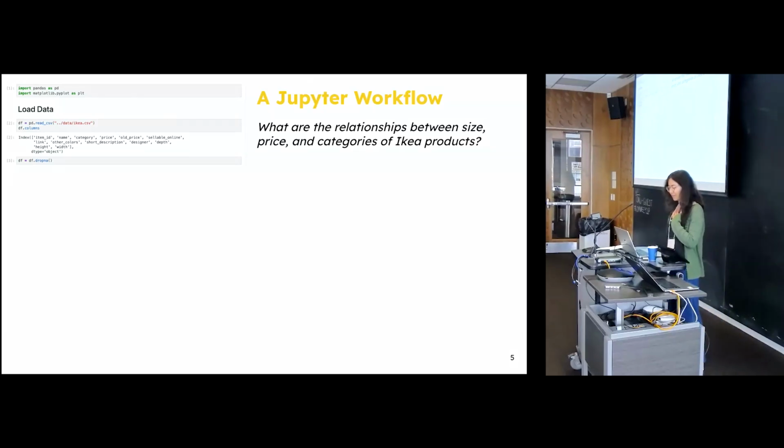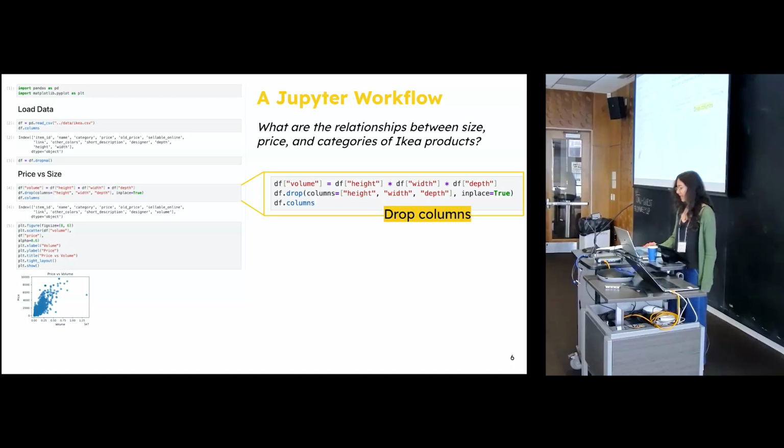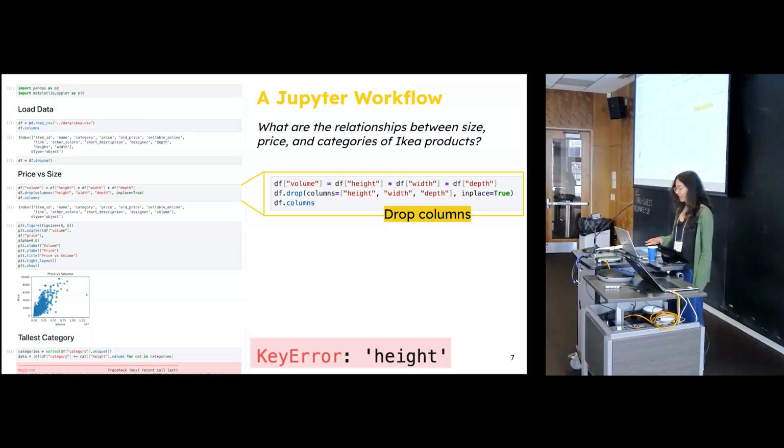So let's say I have some data set of IKEA products and I want to do some various analysis of it. Maybe at one point as I'm exploring it, I decide I want to drop some columns. But then in a later analysis, I need one of those columns, the height column that I dropped. And let's imagine that I really do want to keep that column dropped in that previous analysis.